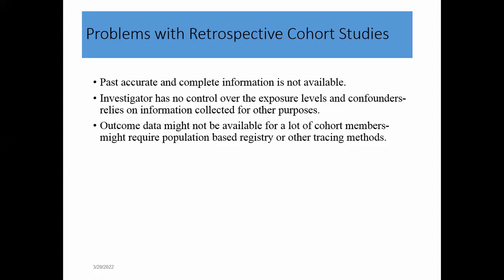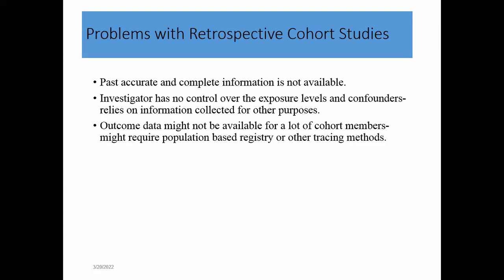So when we go to the problems of this study, the past accurate and complete information is not available. Remember, one was correct or not. So usually the information we get from there may not be accurate enough. The investigator has no control over the exposure levels and confounders.